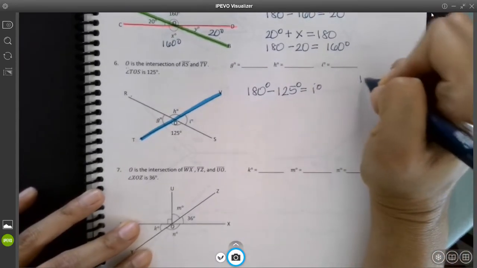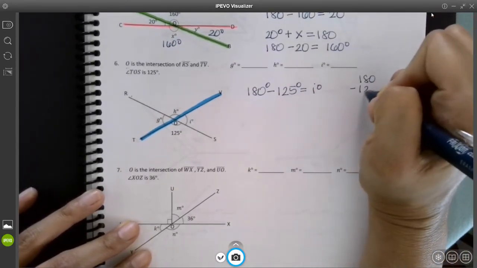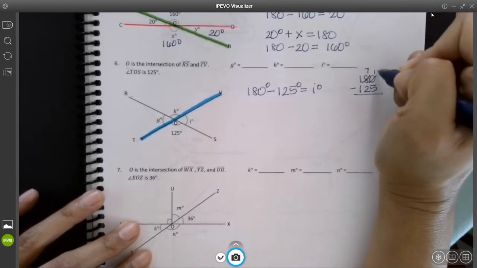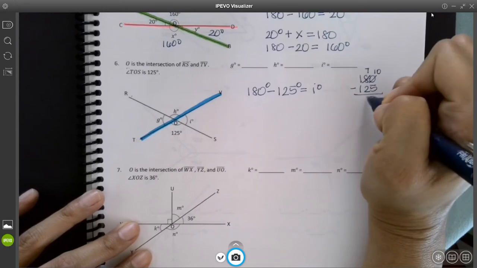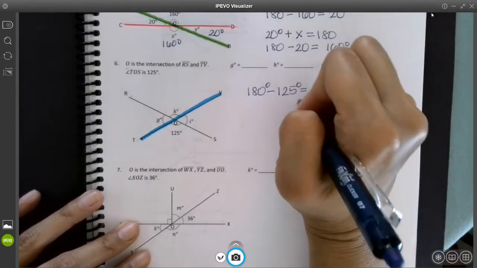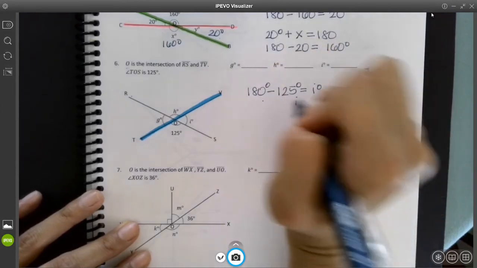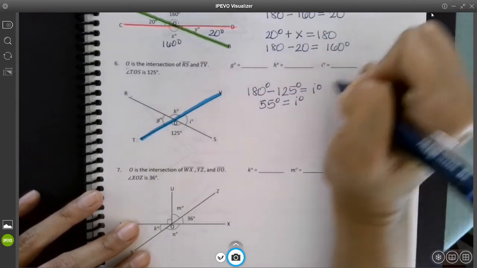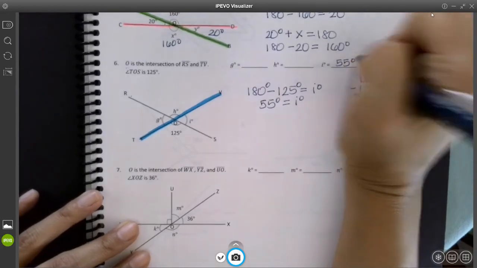So 180 minus 125, so I equals 55 degrees. Here's 55 degrees.